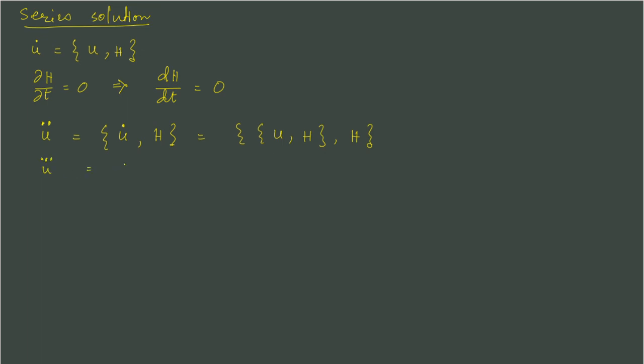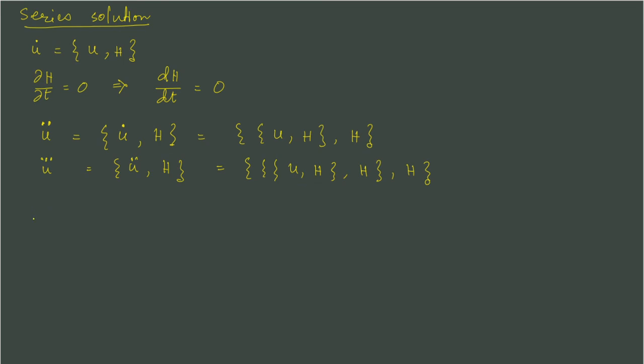So the triple dot will similarly be, so for a dynamical quantity, the first derivative is one Poisson bracket with Hamiltonian, and then the second derivative is two Poisson brackets, nested, of course, one inside another with Hamiltonian. The third derivative is three Poisson brackets nested with the Hamiltonian.